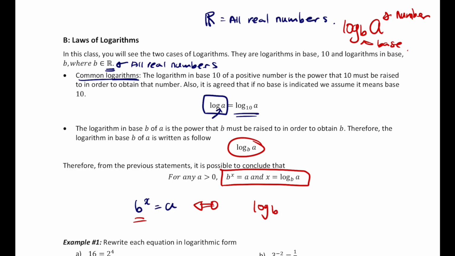The number a, what the exponent equation equals to, becomes the number of the logarithm. And then the exponent of the exponent equation becomes what log base b of a equals to. Okay, this is how the exponent equation changes its format to the logarithm equation.